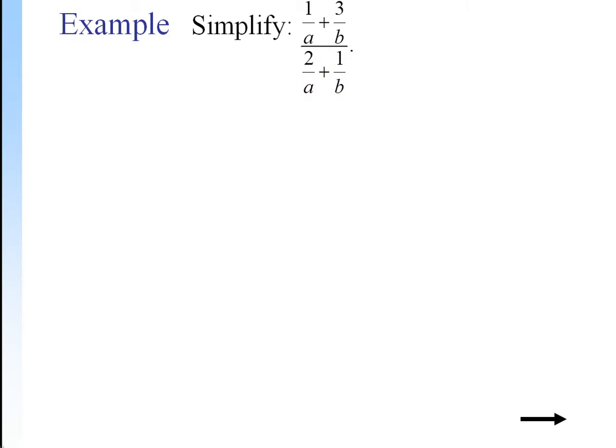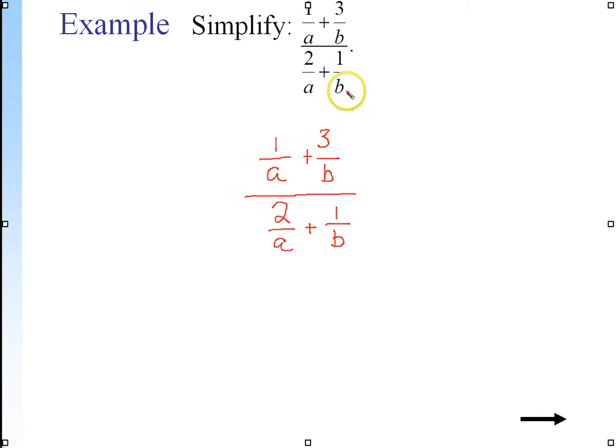Now, there's a couple of ways to simplify this, and that's what I'm going to show you. I've rewritten it so we can have some working area. What we want to do is, in one swoop, get rid of all our denominators here and here.